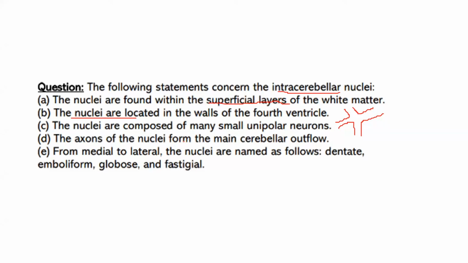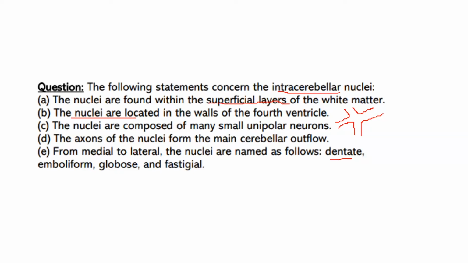D, the axons of the nuclei form the main cerebellar outflow. This is the correct answer here. And finally, E, from medial to lateral, the nuclei are named as follows: dentate, emboliform, globose, and fastigial. Now this one's a little bit tricky because they actually swapped medial and lateral to throw you off with the mnemonic.